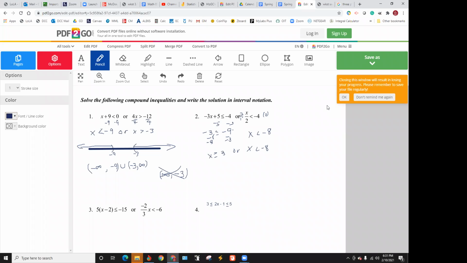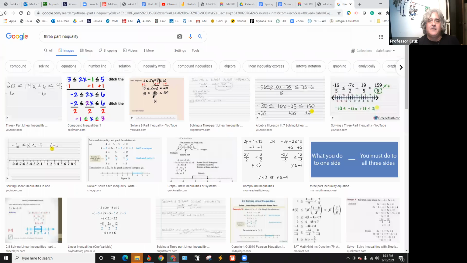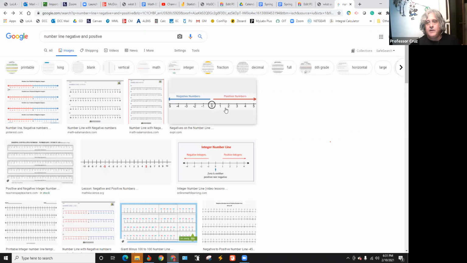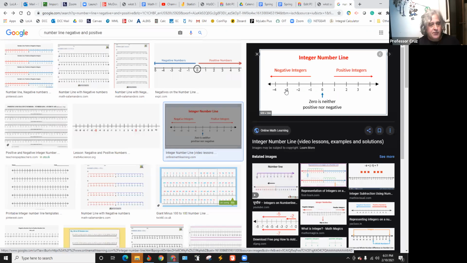What causes the sign to go around is the negative multiplier. Let's see if I can get this back that I had. You see this? If you're at positive 3, and you multiply by a negative number, then that puts you down here.